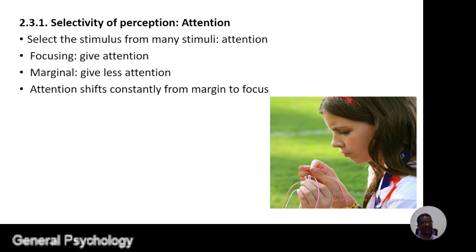So in the case of selective perception, we screen out and give special attention to a specific stimulus by using attention. Focusing or giving attention, avoiding marginal information or giving less attention to it, is needed from students to learn their lesson.